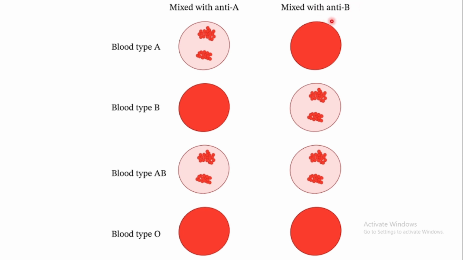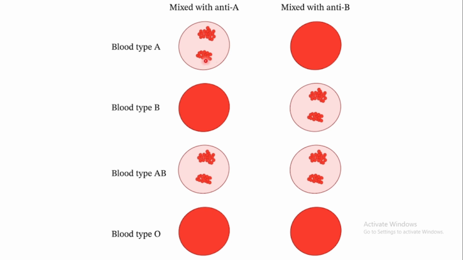Then we wait and see which drop of blood shows coagulation and which drop doesn't. If the drop mixed with anti-A antibody shows coagulation, it means that A antigen is present in the blood.